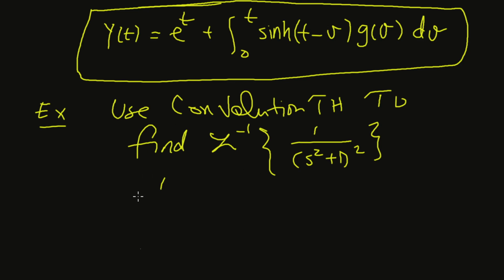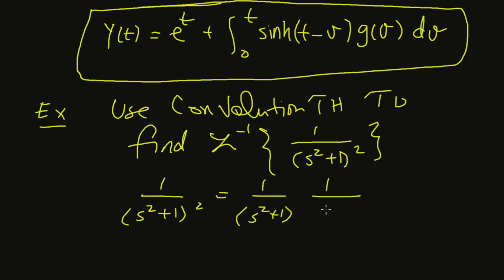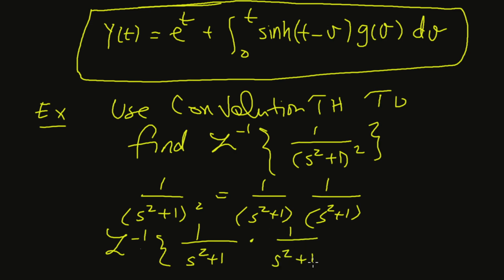We know that this is, of course, 1 over s squared plus 1 times 1 over s squared plus 1. So if we do the inverse for that, that's going to put us in that form of the convolution as the output.